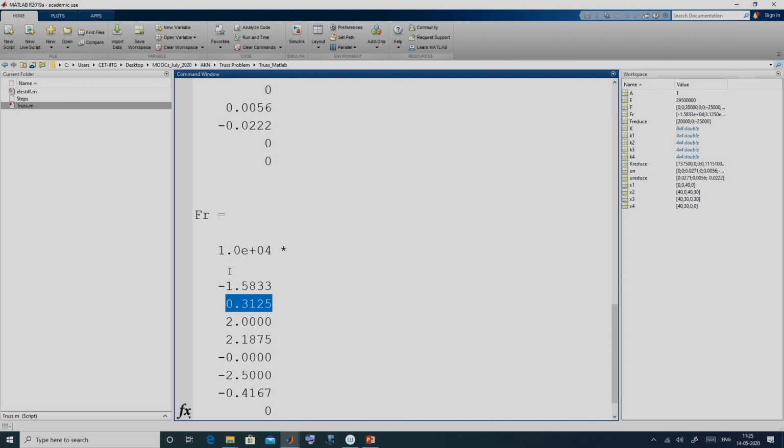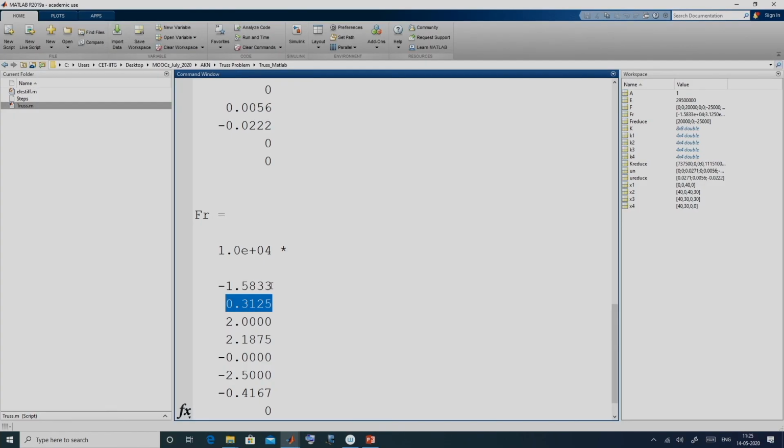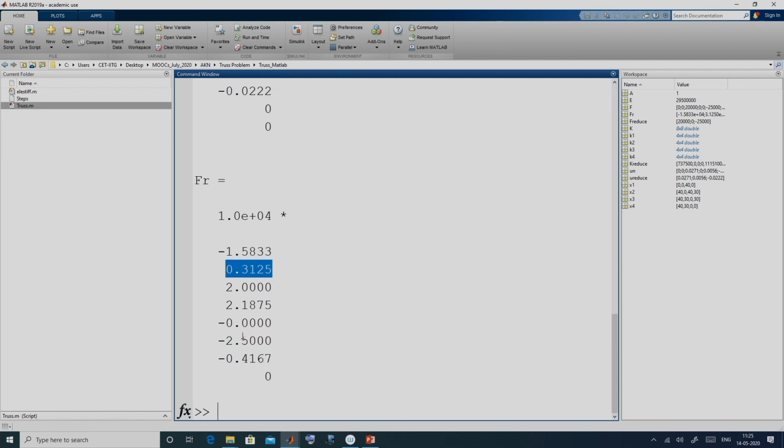Here also the same rule: 2i minus 1 corresponds to x direction at the ith node, and 2i corresponds to y direction of the ith node. So, these are the reaction forces at node 1 in x and y direction. This is the reaction force at node 2 in y direction, that is the roller support, and these are the reaction forces at node 4 in x and y direction.